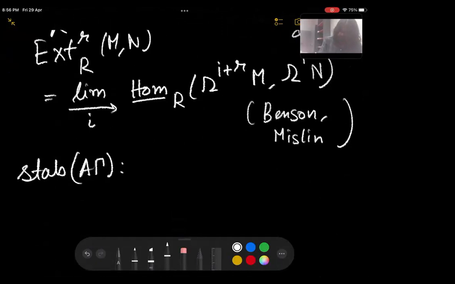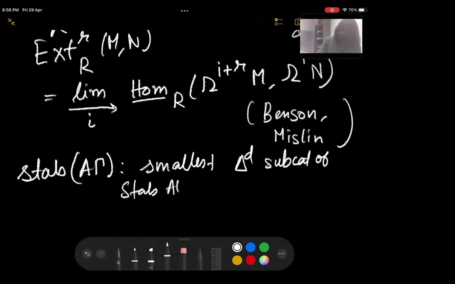This guy is the smallest triangulated subcategory of Big Stab containing all modules that are of type F infinity.